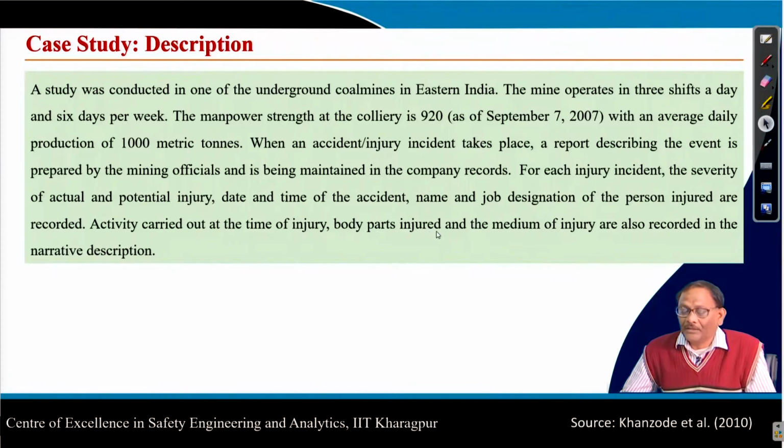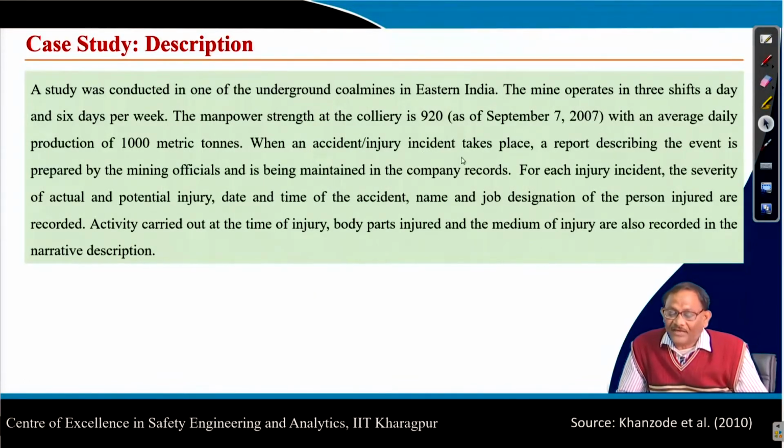In India, it has been practiced long ago, because if you analyze these incident or accident records, you get a lot of insights, so that repeat accidents can be avoided. With this notion in mind, this kind of record keeping has been practiced in Indian mines.